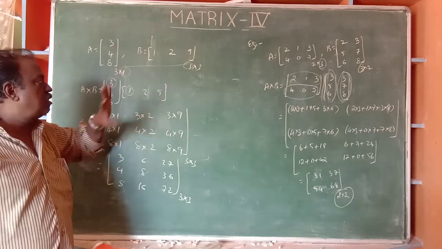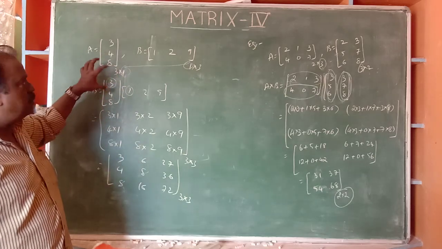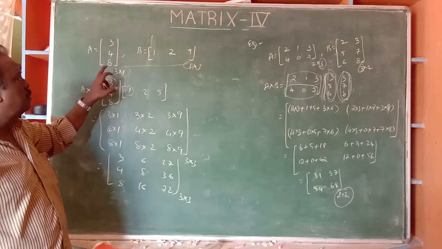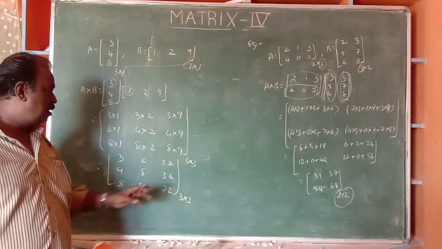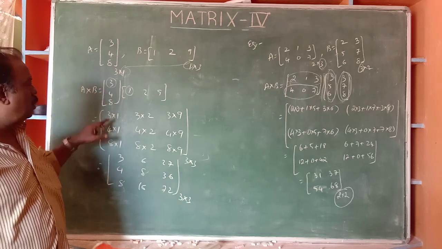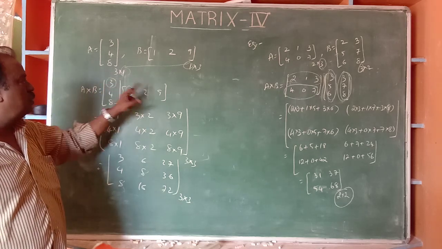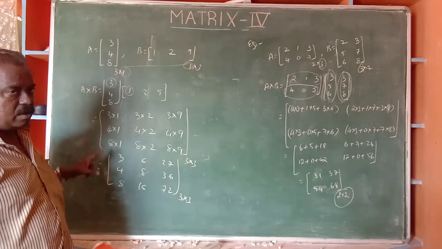The columns and rows are the same, so first of all it is possible to multiply. The resultant is 3 by 3, and 9 elements must come. Okay, now 3 into 1, 3 into 2, 3 into 9. Like that we have to solve it. Okay, now? Right.